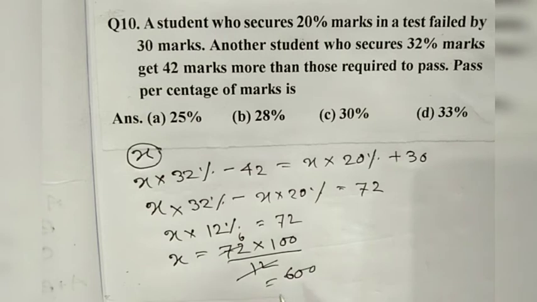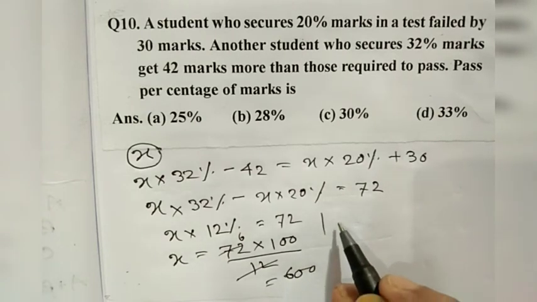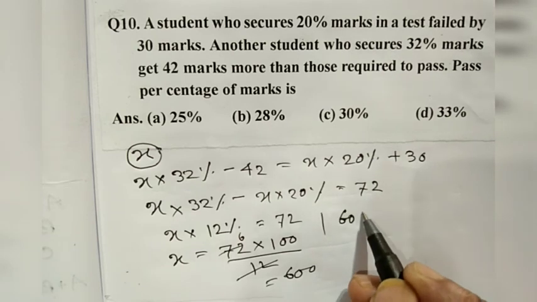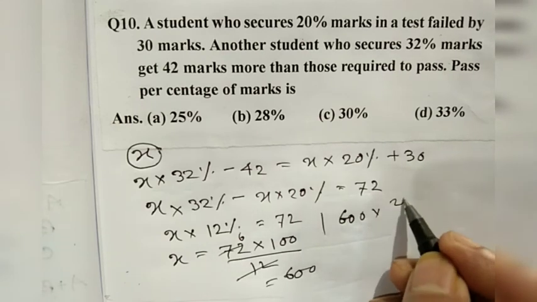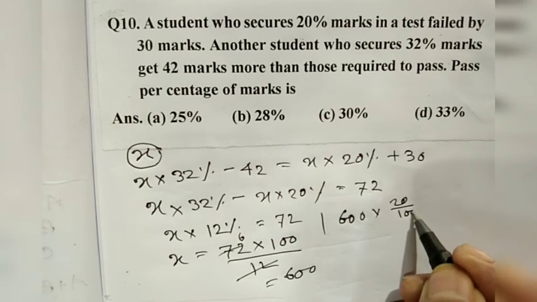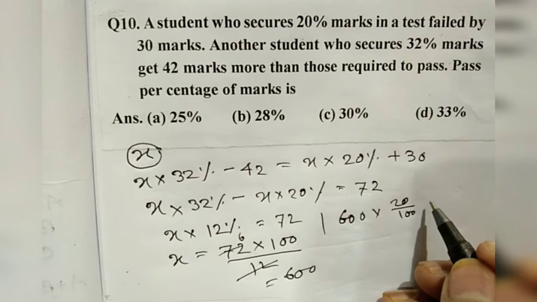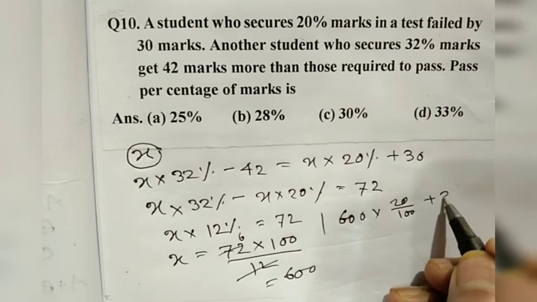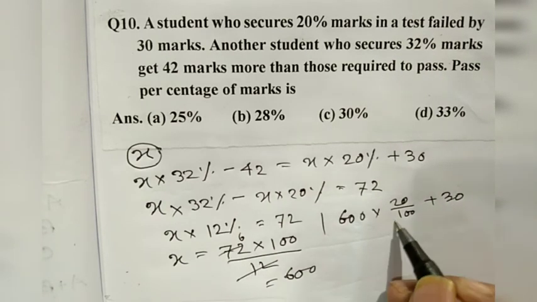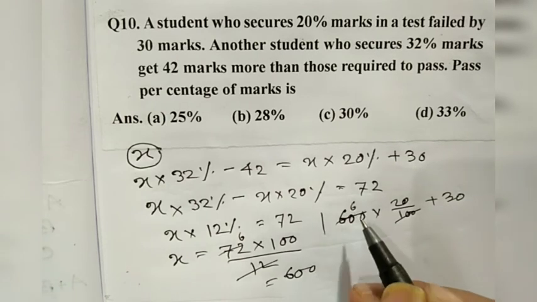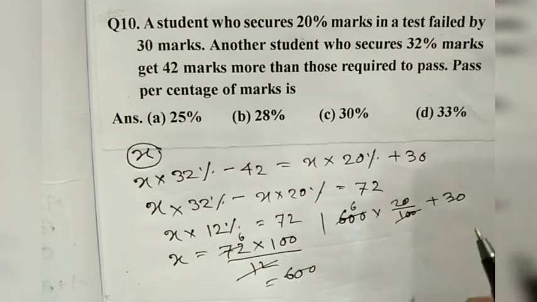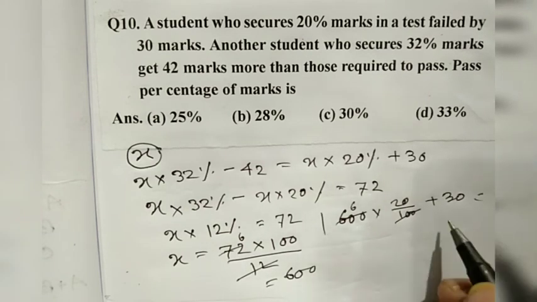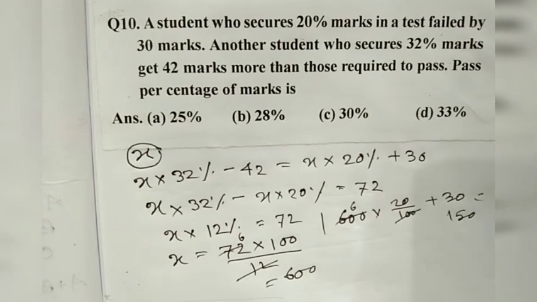Then pass marks equal 600 into 20, 20 by 100, plus 30. 6 into 20, 120, plus 30 equals 150.